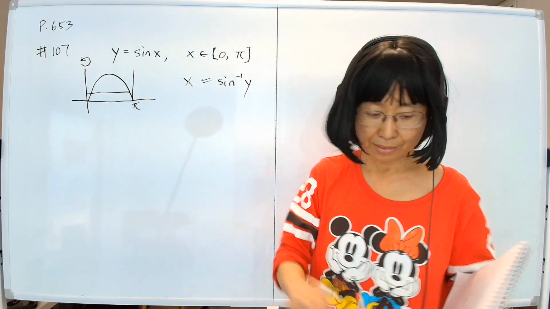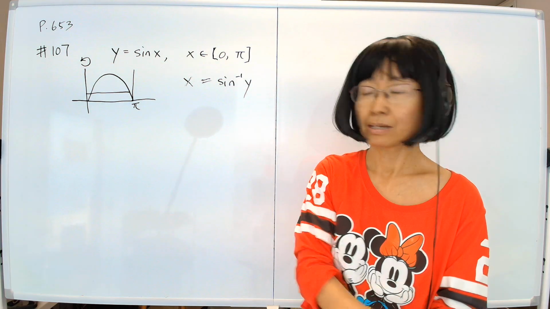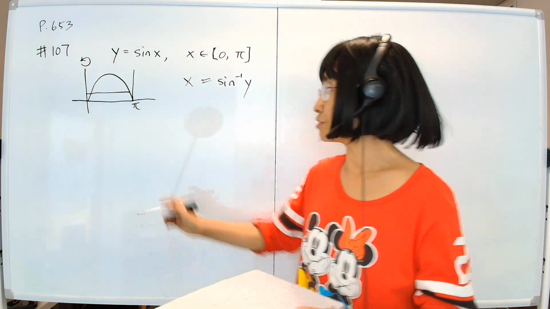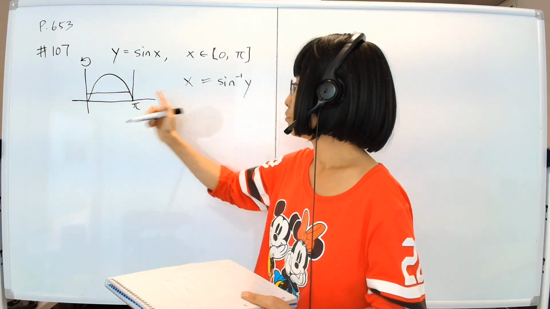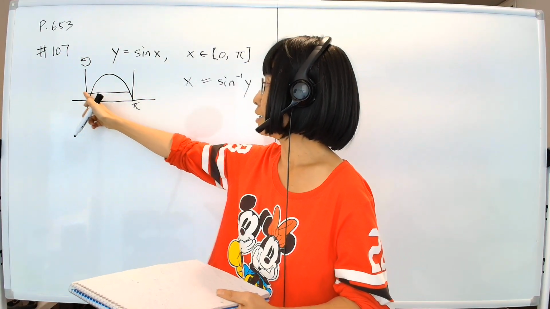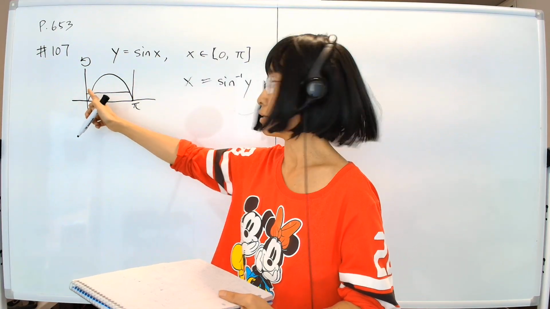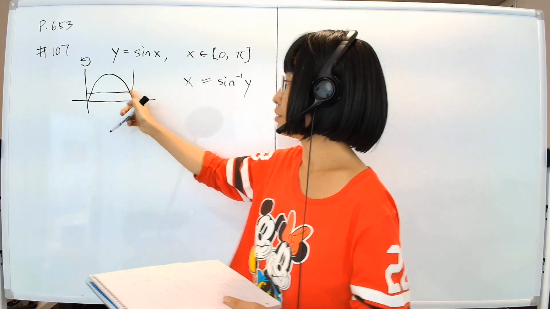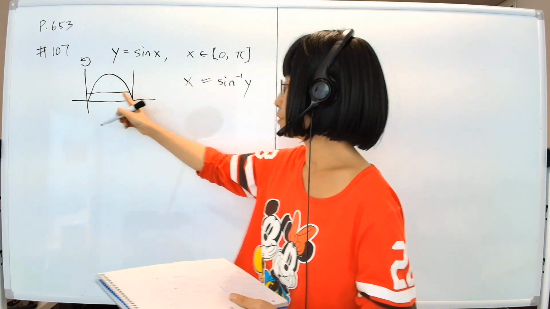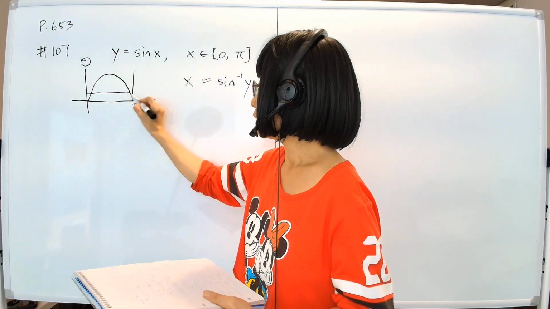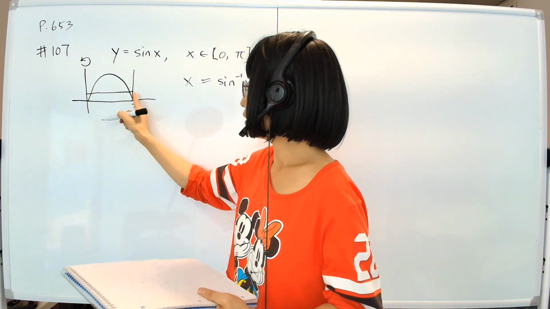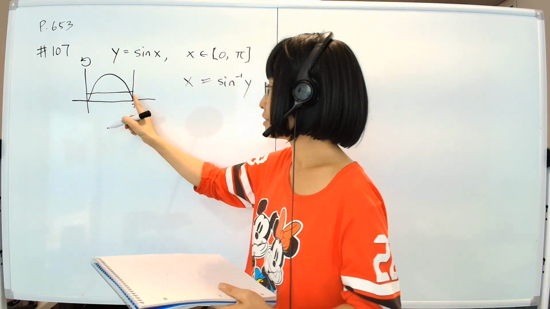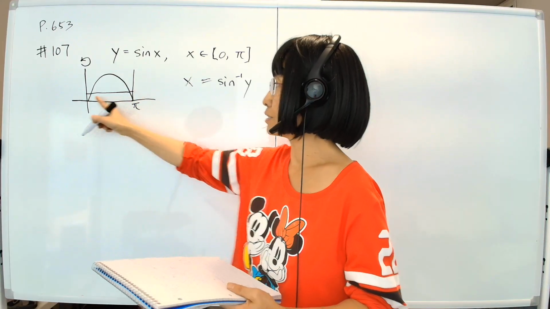Notice that the sine inverse is only defined here. In other words, if you plug in y, you're only going to get this part of the sine inverse of y. You're not going to get this whole thing. So how do you get the whole thing? The whole thing is the same as pi, which is the entire distance, minus the little part, which is the sine inverse.